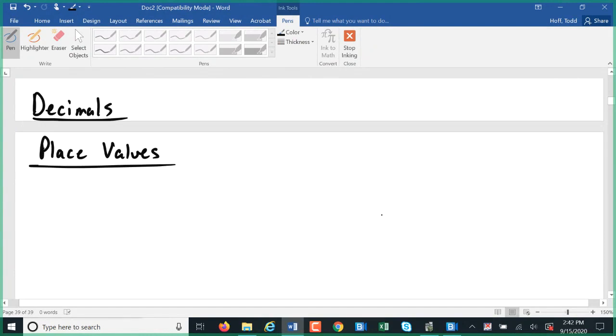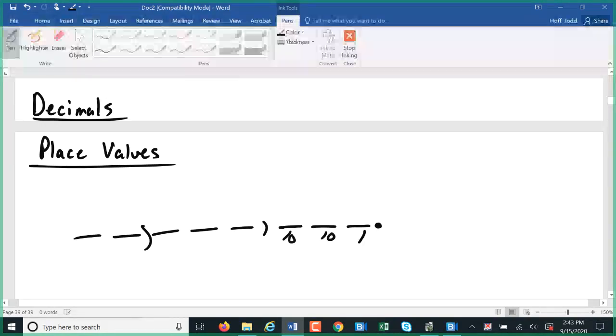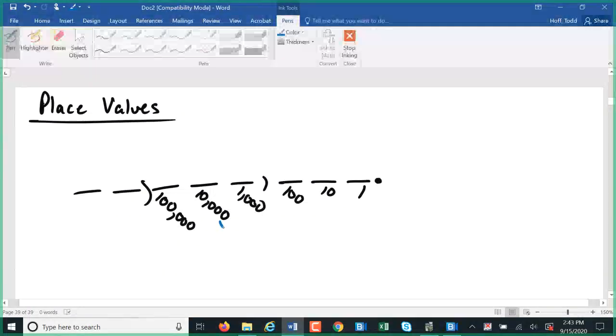So if we look at our place value, starting at our decimal and working our way backwards, this is the ones place, the tens, the hundreds, 1,000s, 10,000s, 100,000s, and it continues on up. But I wanted to label them with numbers like this so you could see the pattern here. Anytime I move one place value to the right, the value of that place is divided by 10.